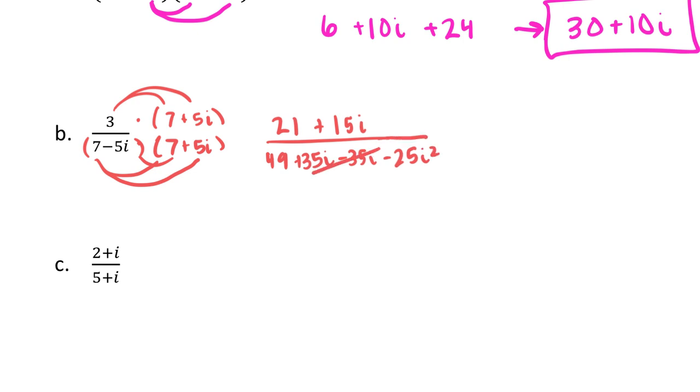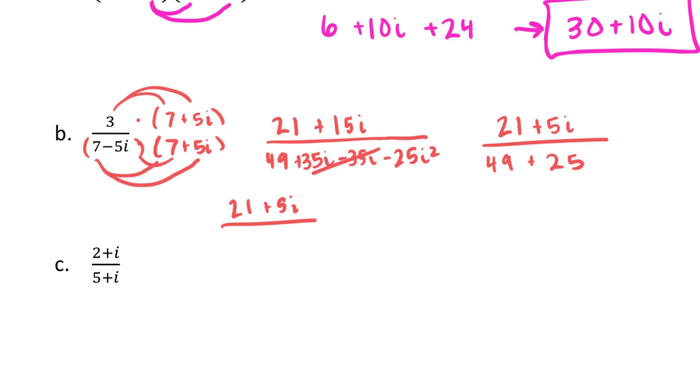Okay, the 35i's do cancel. We have 49 plus 25, which is 74. I lost a 1 there. Sorry. That's a 15i.